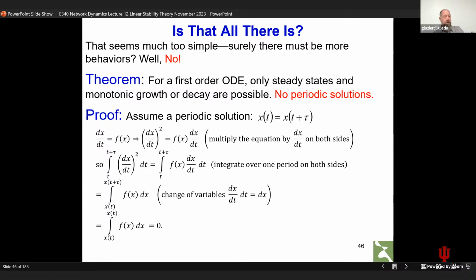That's just a change of variables. But x of t plus tau is equal to x of t because it's periodic. So I have the integral from x of t to x of t of f of x, which is 0. So the right-hand side of this equation is 0.